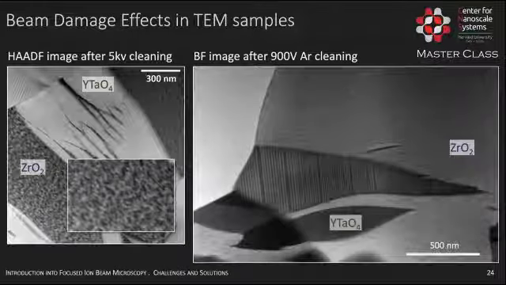If we take what we have just learned and apply it to a more basic analysis, a cross-section analysis that we do on a daily basis, where we simply cut into the sample to see, for example, multiple layers underneath the surface, we need to be aware that the electron beam signal stems exactly from the damage zone that we have cut.